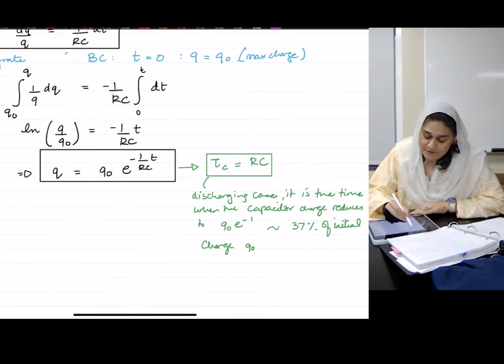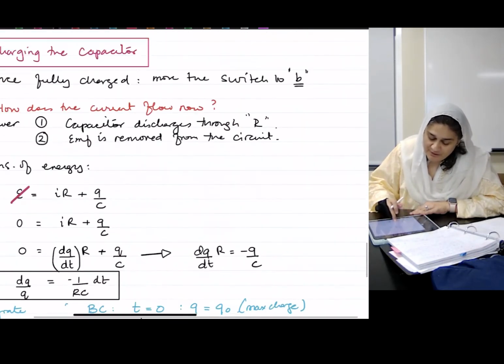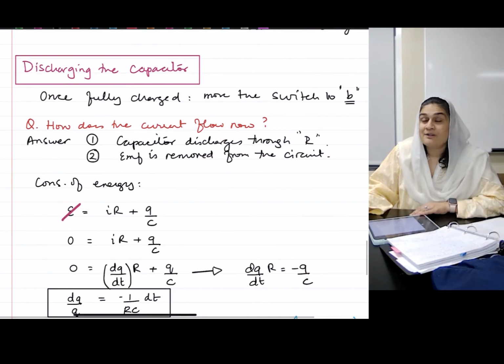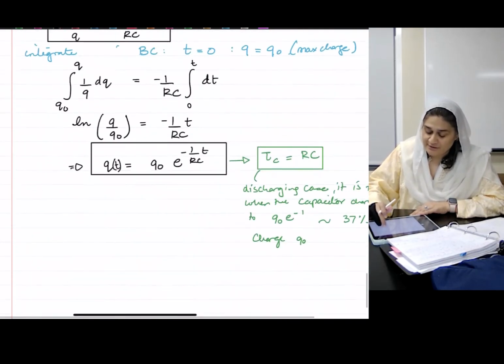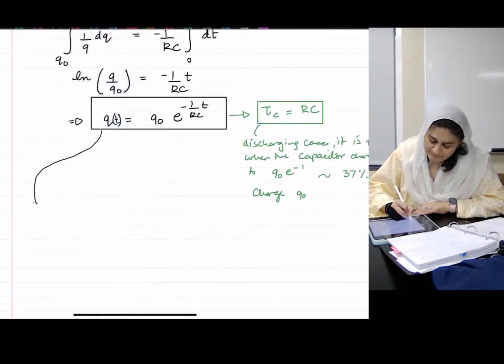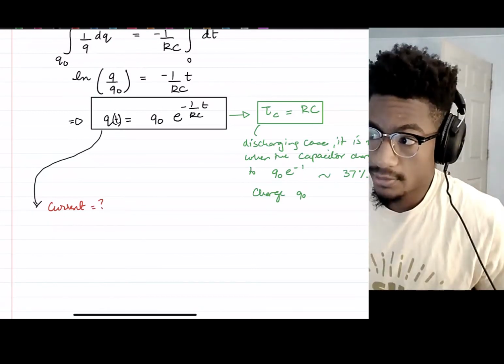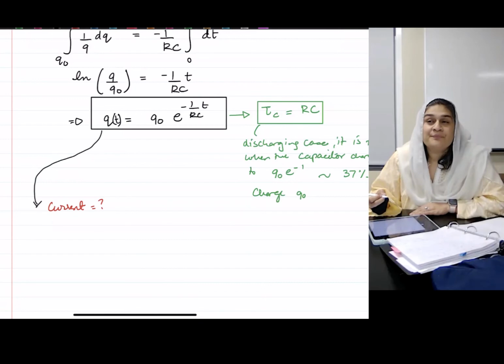Again, Q as a function of time is great to know, but my fundamental question was, how does the current flow now? So how do I take my Q and go to I? By dt. What? Put it over dt. There we go.